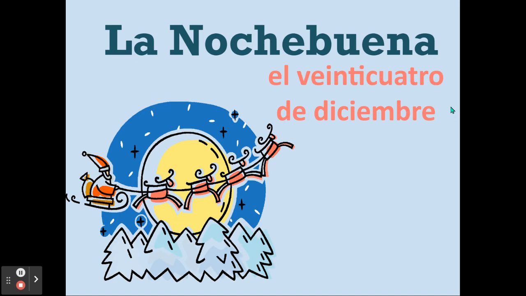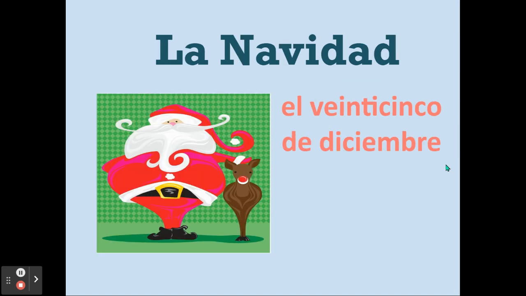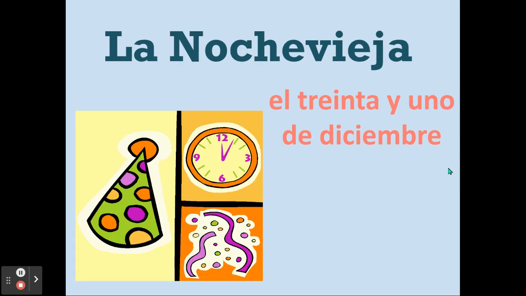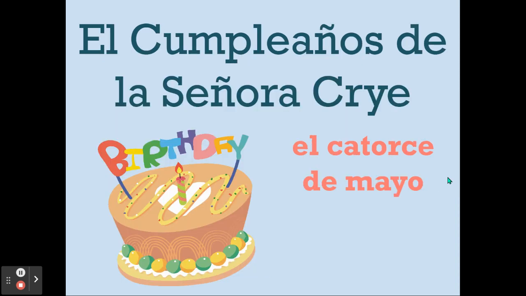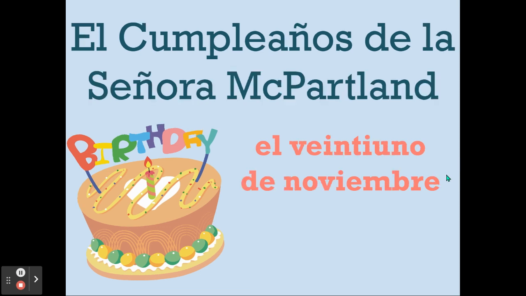La Nochebuena, es el 24 de diciembre. La Navidad es el 25 de diciembre. La Noche Vieja es el 31 de diciembre, the oldest night of the year, the 31st of December, New Year's Eve. El cumpleaños de la señora Cry es el 14 de mayo. Y el cumpleaños de la señora McPartland es el 21 de noviembre.